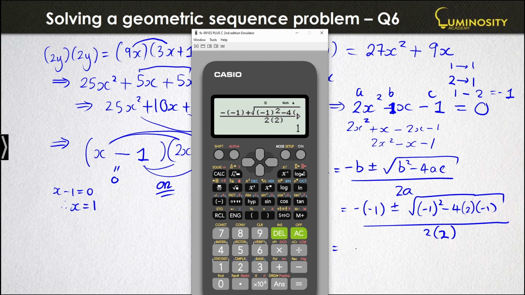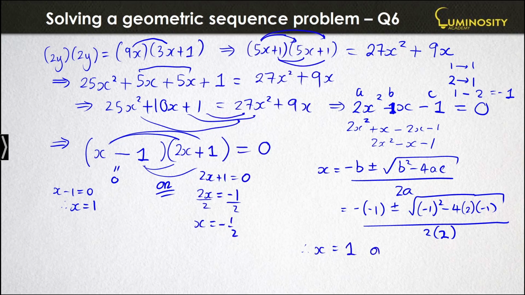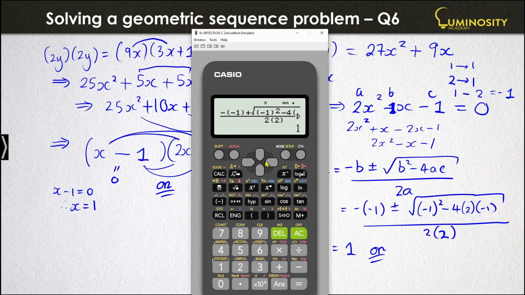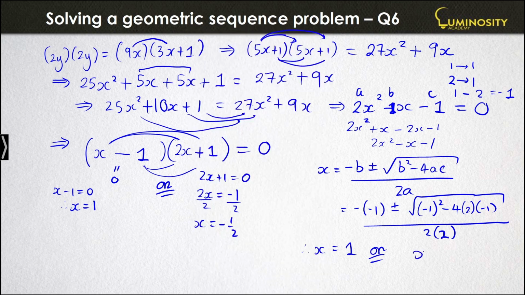So I get x equals 1 for my first solution. If I bring up the calculator again, I'm just going to go up and edit that and put a minus in place of the plus before the square root, and I get -1/2. So you get the same answers.